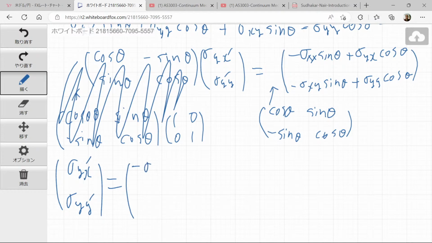Minus sigma xx sine theta cosine theta plus sigma yx cosine theta cosine theta.